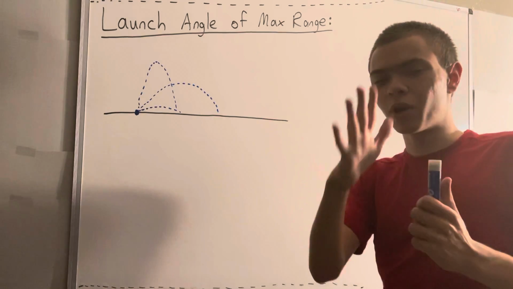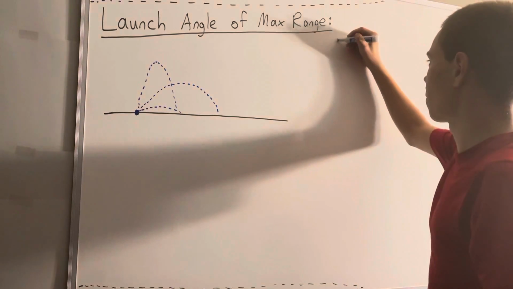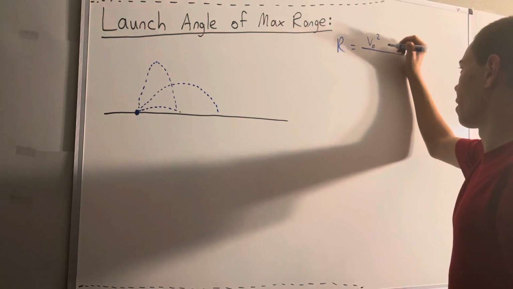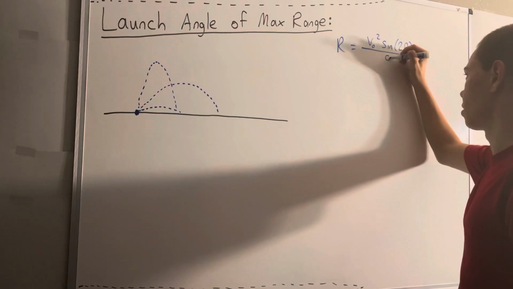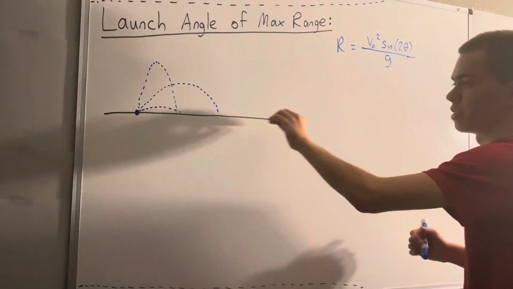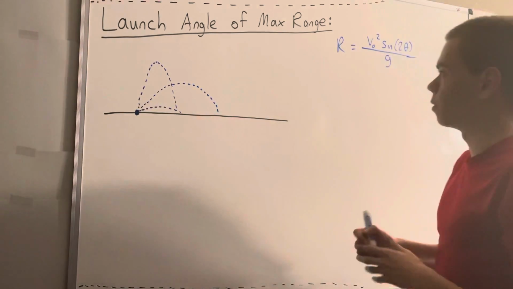Well, we know that the range of a projectile along a flat ground is just represented as this equation. R equals v0 squared sine of 2 theta all over g, where R is of course the range of the projectile, the horizontal distance that the ball will travel.